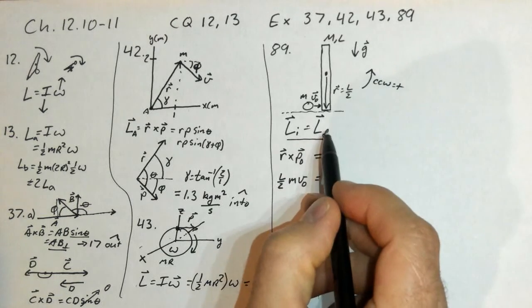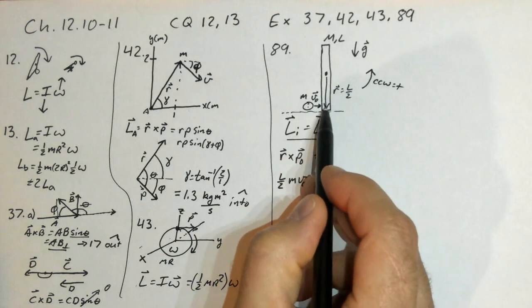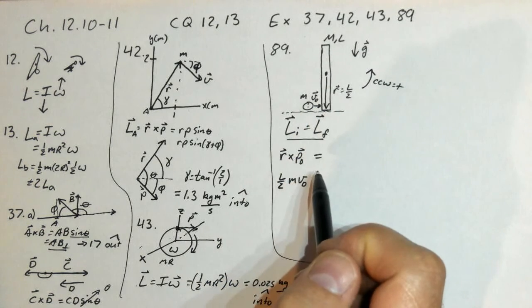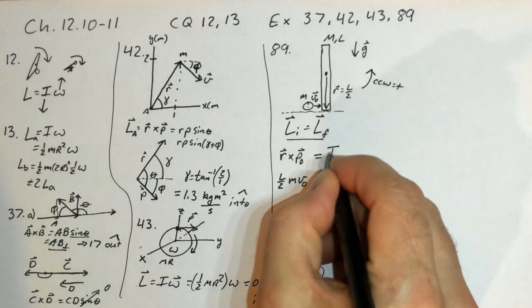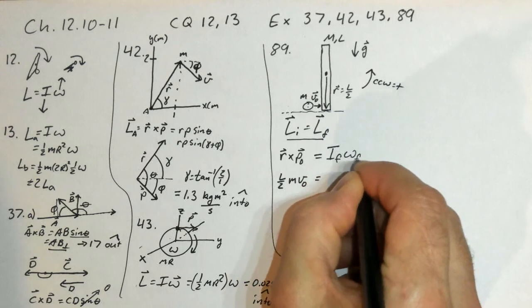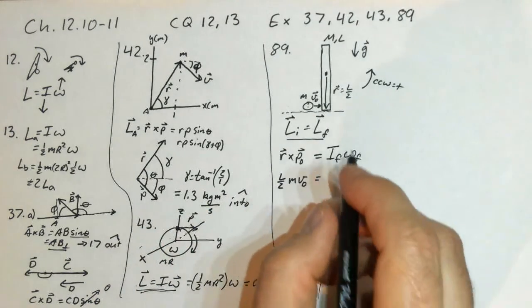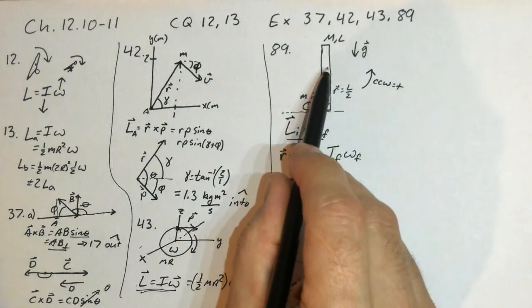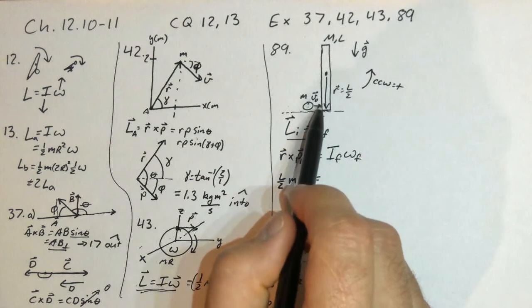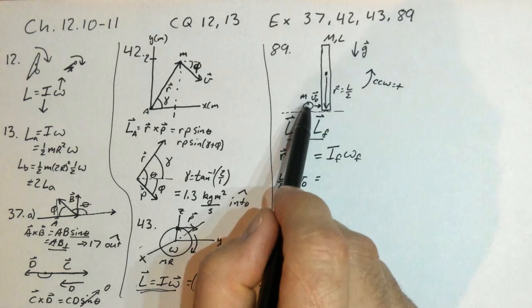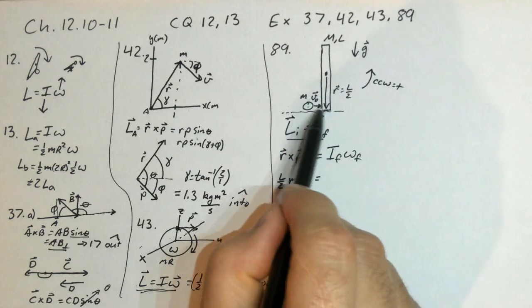So now let's look at the final case. Now this is stuck to that, and this whole thing is spinning as a large extended object. So now I need to use I_final omega_final. I'll use this definition of angular momentum since it's an extended object. Now I_final is the combined moment of inertia for a rod pivoted about its center, which we have in the table, and a point mass at distance L over 2 because it's stuck to the end.